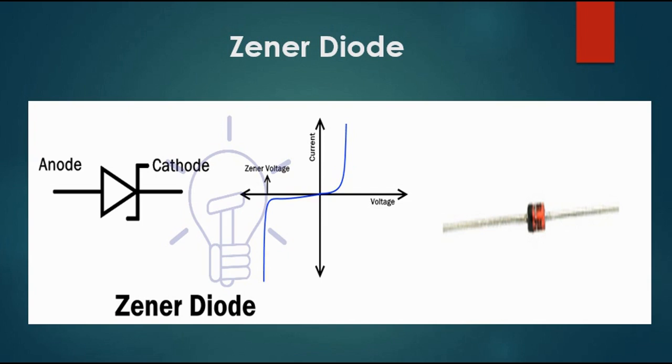And obviously, you can see this graph. At the top you will see the small arrow where you will see Zener diode, and going up on the graph you will see current, and down you will see voltage.